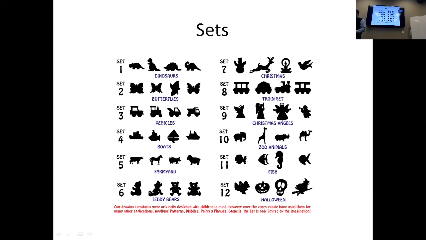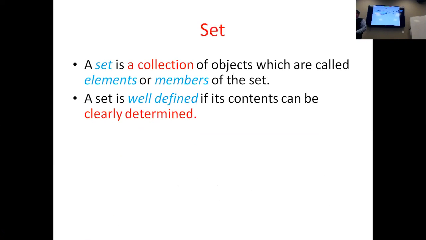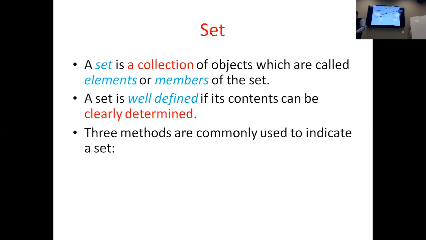Set number 3, different kinds of vehicles. So it's a collection of objects, and those objects are called elements or members of the set. A set is well defined if its contents or its members can be clearly determined, can be clearly identified.